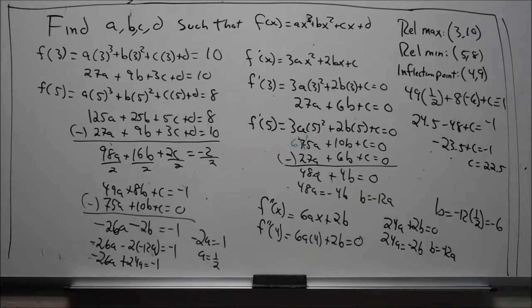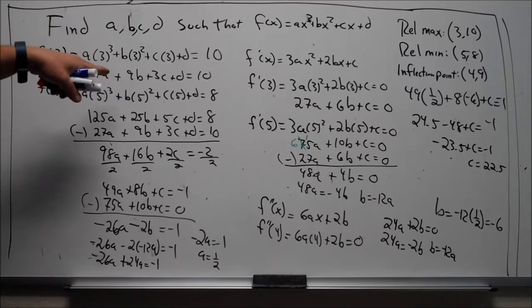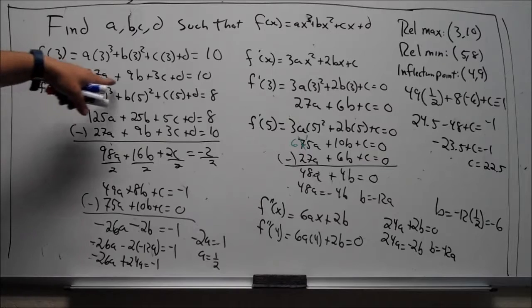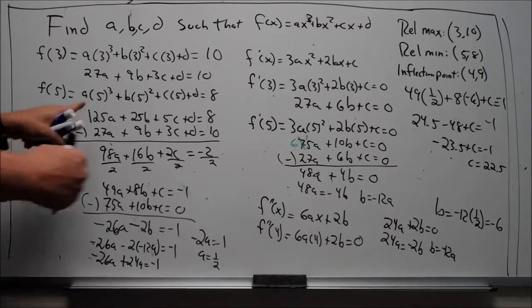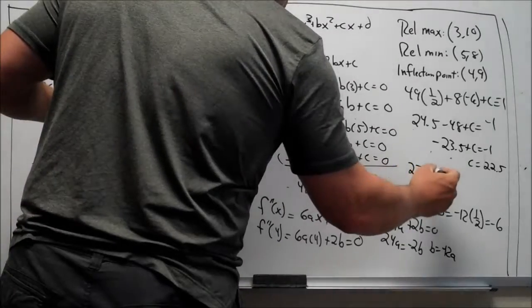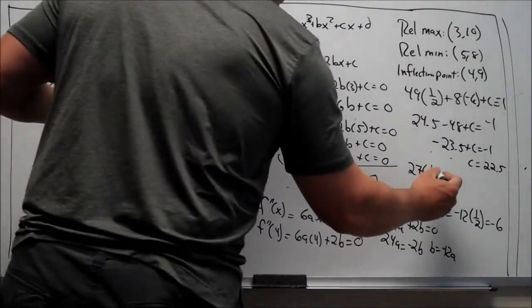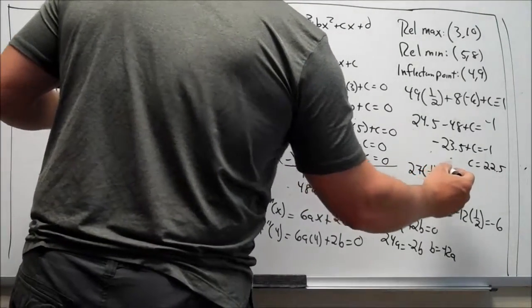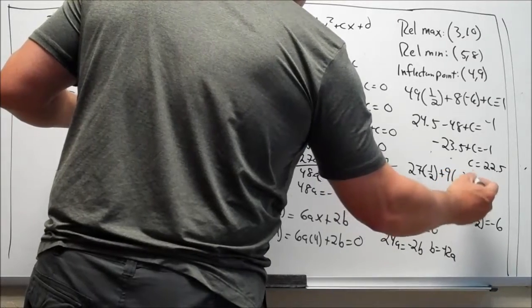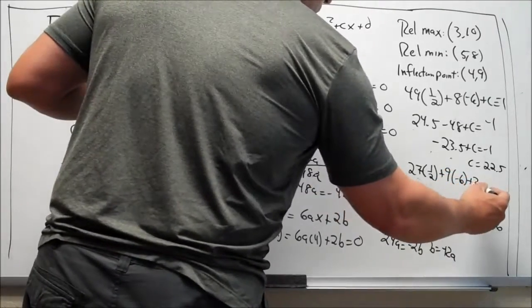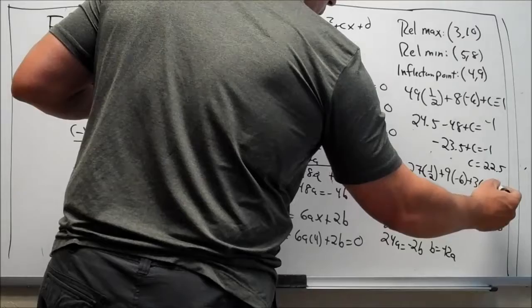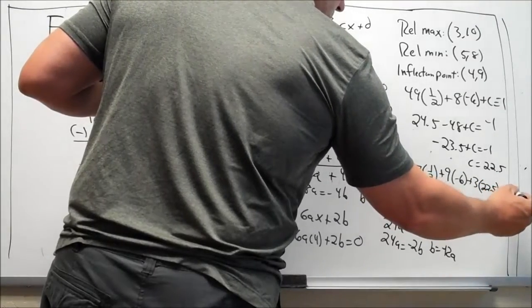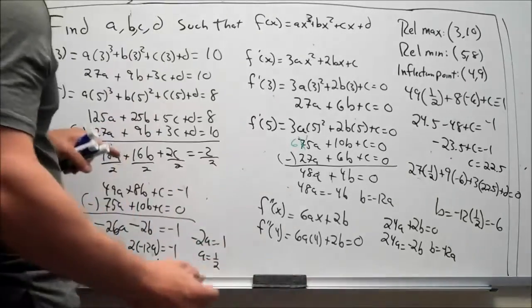So c would be 22.5. Yep. And for the last one, d, we can take our a, our b, and our c, and plug them into one of these. Probably the first one looks a little nicer. And we'll be able to get our d. So that means we have 27 times 1/2 plus 9 times negative 6 plus 3 times, what's our c again? 22.5 plus d equals 10.